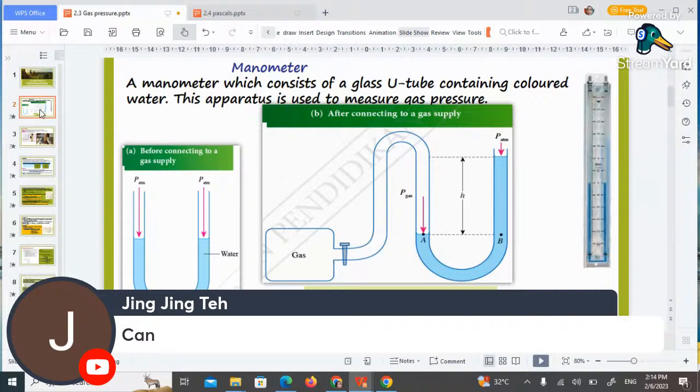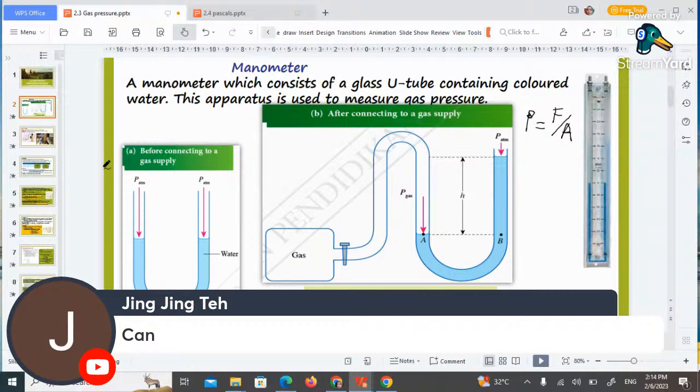Because once it hits the wall, it exerts force on the wall. The formula that you are familiar with for pressure is P equals F divided by A. Force per unit area means impulsive force per unit area of the wall will produce pressure. That is the basic concept of how gas pressure is produced.